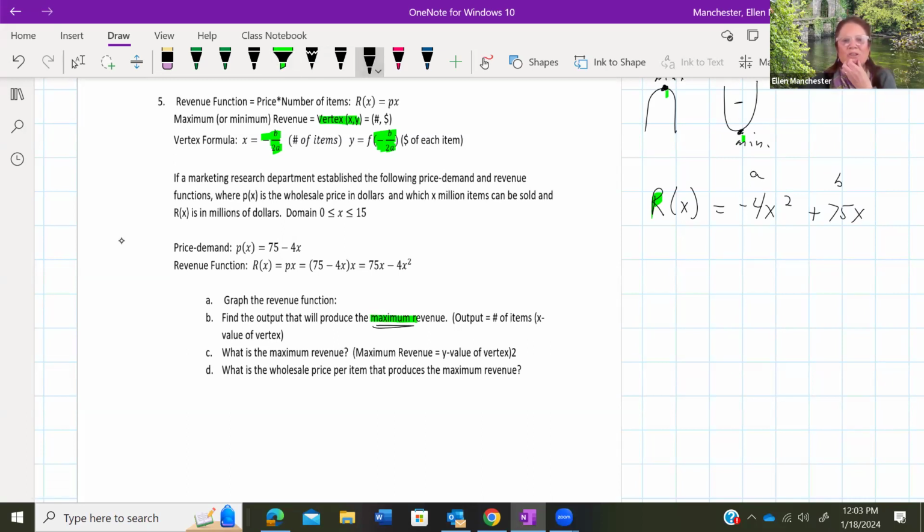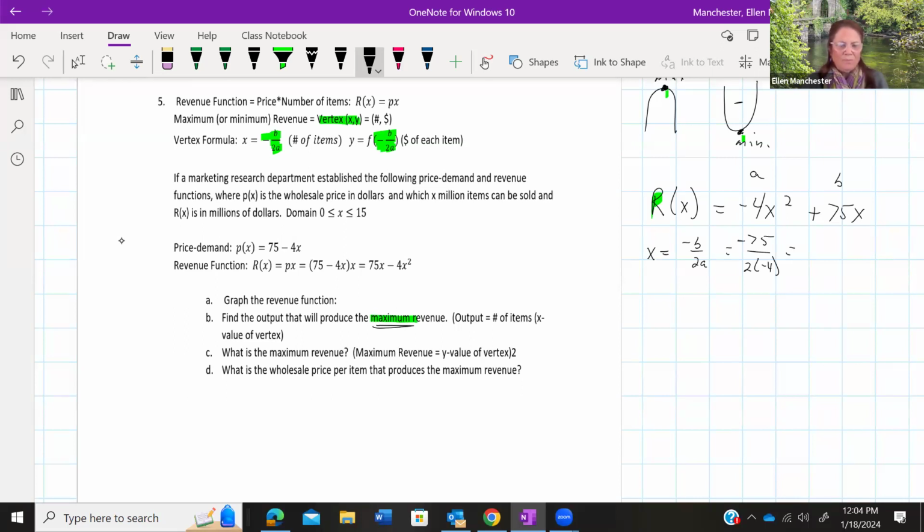Okay, you're going to use the vertex formula. So x equals negative b over 2a. B is 75. A is negative 4. So 75 divided by negative 8. Oh, sorry, negative 75. See, don't forget those negatives.